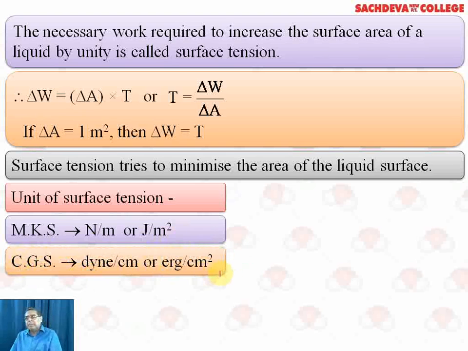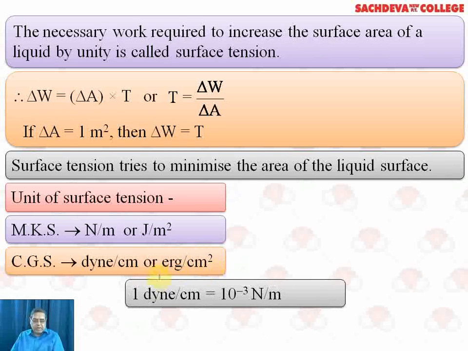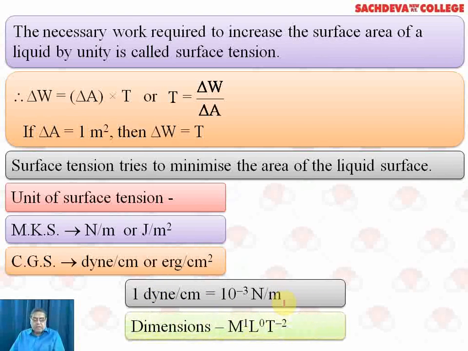You can further remember that 1 Newton means 10 to the power 5 dynes and 1 Joule means 10 to the power 7 ergs. 1 dyne per centimeter is 10 to the power minus 3 newtons per meter.